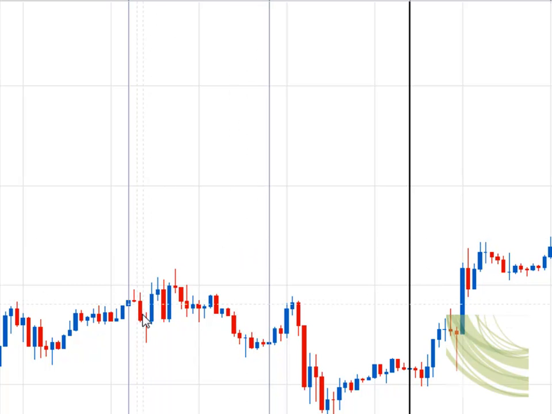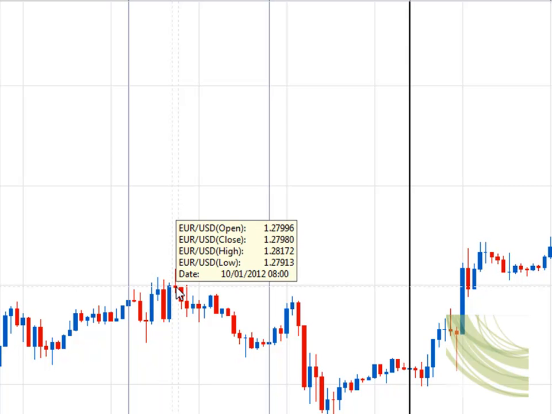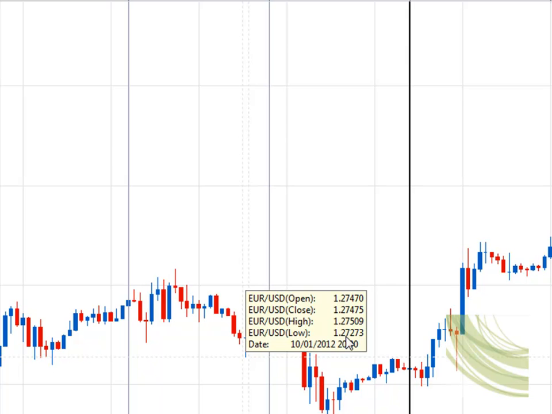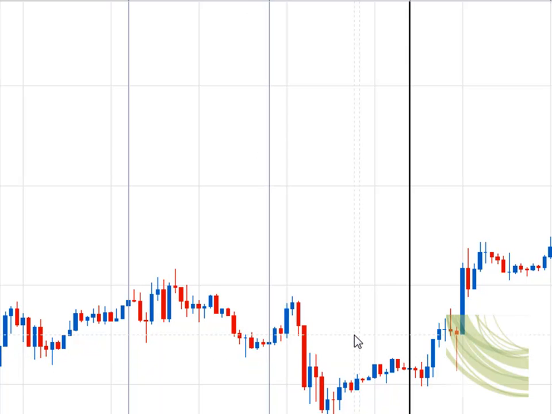Then take a look within the whole day, where is the highest level? You can see the highest level is on this candle. Just click on this candle and record the high, 1.28172. Then look at where the lowest level of the whole day is. You can see it's here. Click on it and record the low, 1.27273.